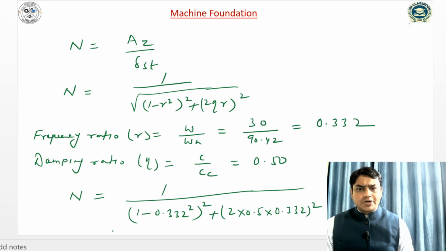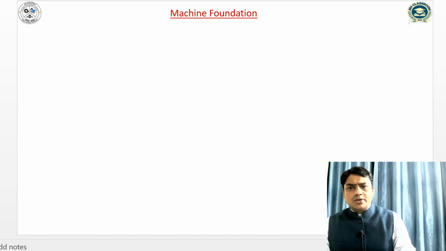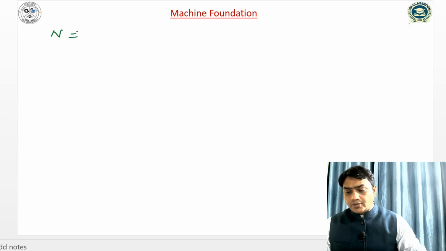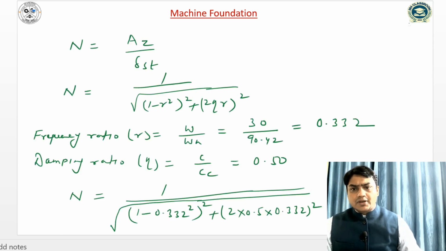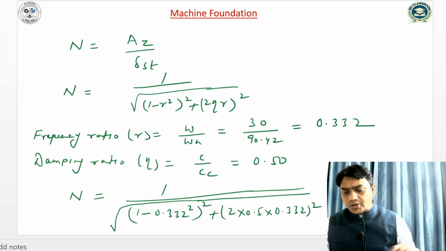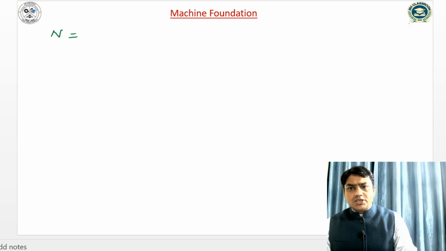If I compute this, it is coming 1.053. So the magnification factor is 1.053.